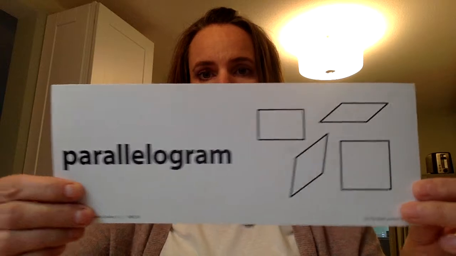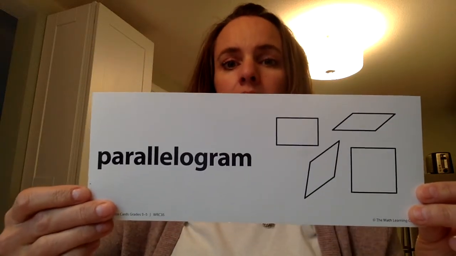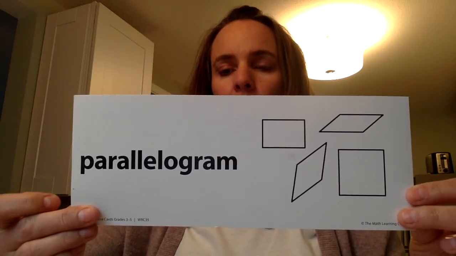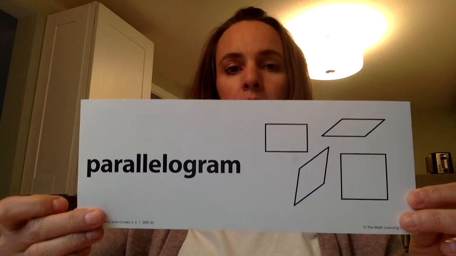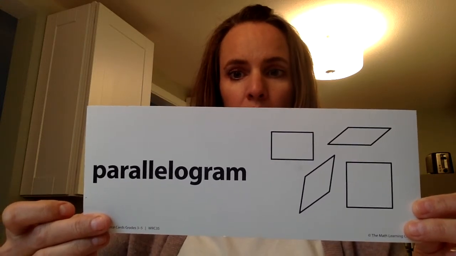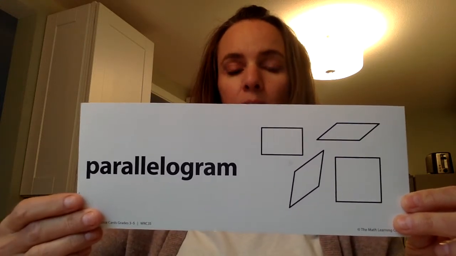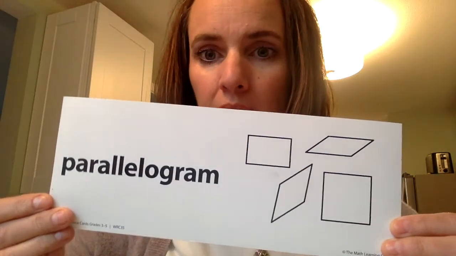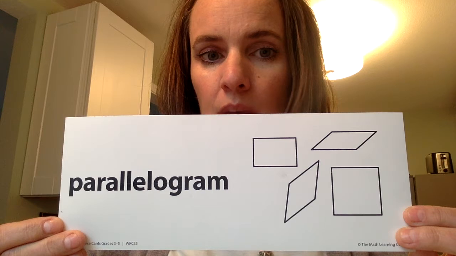So, parallel. Here's our word card for parallelogram. It says a two-dimensional flat shape with 4 sides, with both pairs of opposite sides parallel. Okay. Both pairs of opposite sides are parallel.